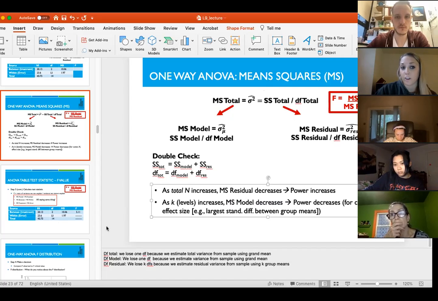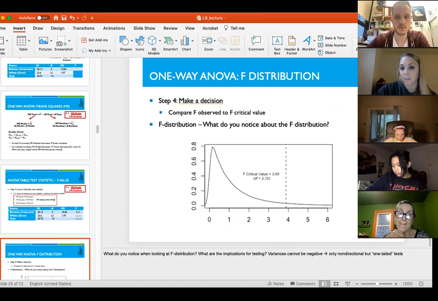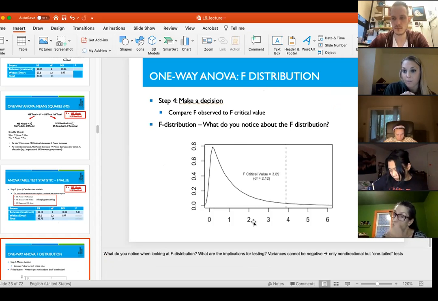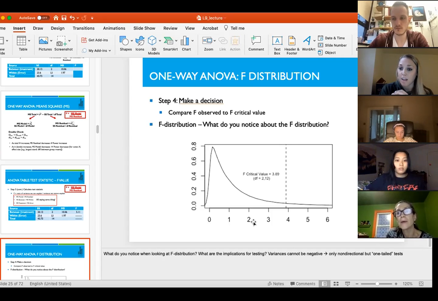And then also your F critical, so that's what this accounts for. Your F critical value is going to be higher for the larger number of groups you have or the smaller sample that you have. We've seen this before with the T distribution. When you have a small sample size, you have a larger T critical value, right? Because you're penalized for having such a small sample.